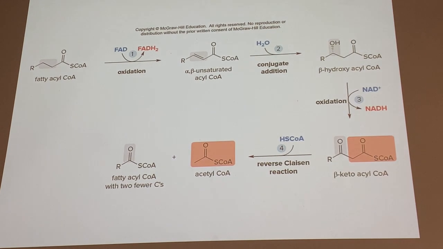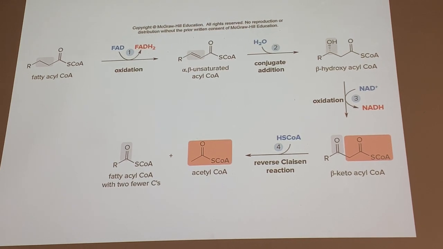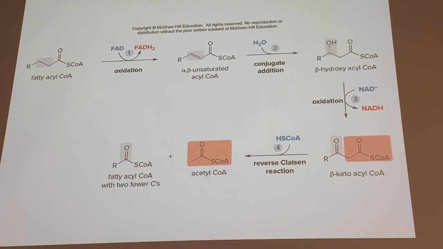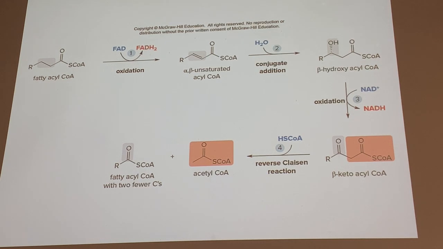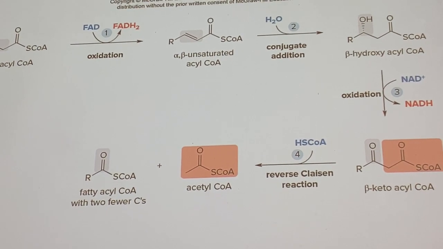So the long chain fatty acids get degraded 2 carbons at a time, and those 2 carbons become acetyl coenzyme A derivatives. And so this is the pathway here on the screen.